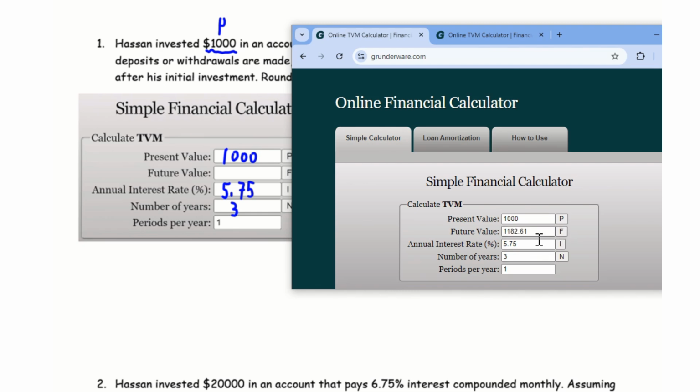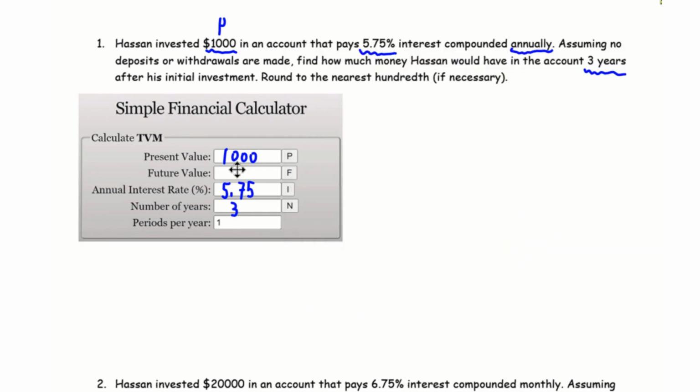Then we press F. That is the answer. So this is 1182.61, and this is our answer for the balance in the account. This is what we want to find. Then write the statement. This is rounded to 2 decimal places already.